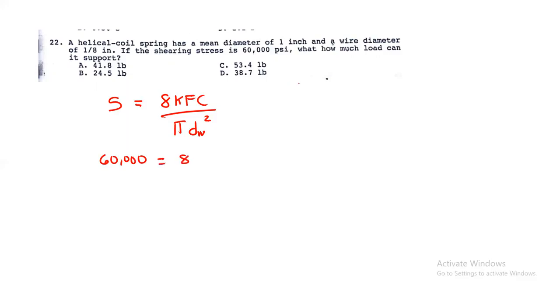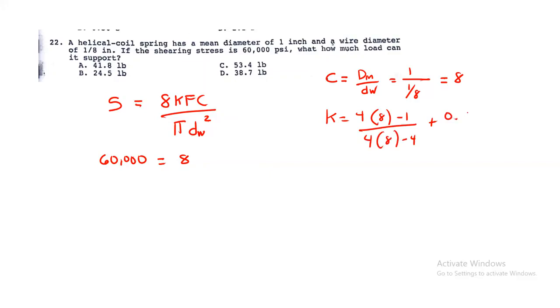So ang K natin dito, kunin muna natin si C. So C is equals to mean diameter over diameter ng wire. So 1 inch divided by 1/8 is equals to 8. Then ang K natin, so 4 times 8 minus 1 over 4 times 8 minus 4 plus 0.615 over 8.